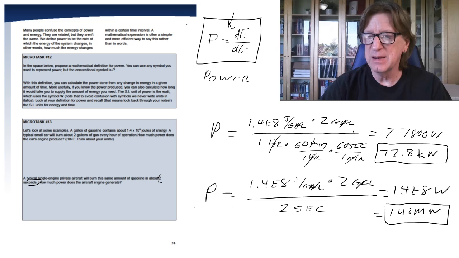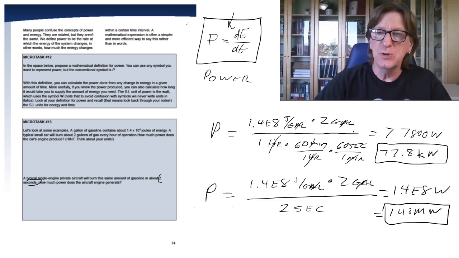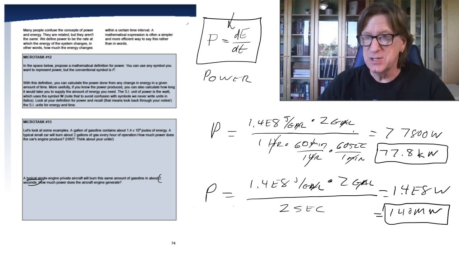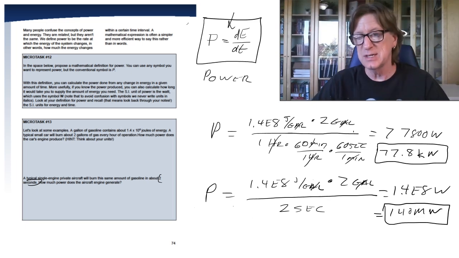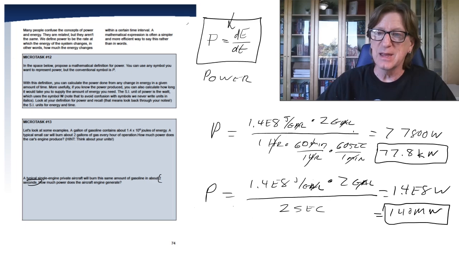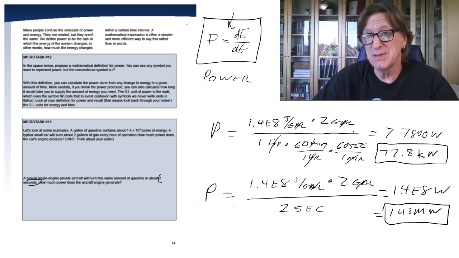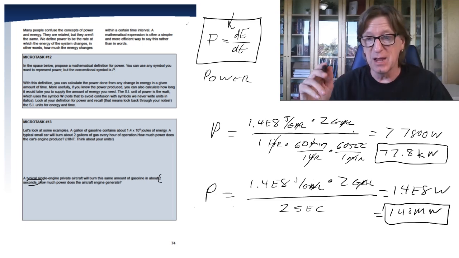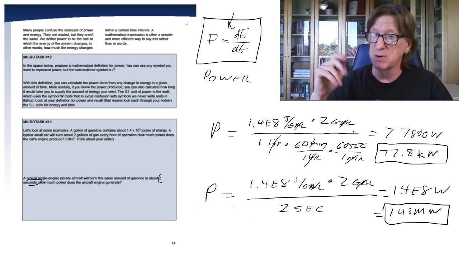So you can see that that aircraft engine has to produce a lot more power than the car engine. And that makes sense, right? Because we've got to give it some potential energy in addition to just the kinetic energy that it needs going in there. So we would expect that it's going to produce a lot more power. The flip side of that is you're going to burn a lot more gas, because the energy content in the gas is the same. Both the aircraft and the car are burning the same amount of energy.